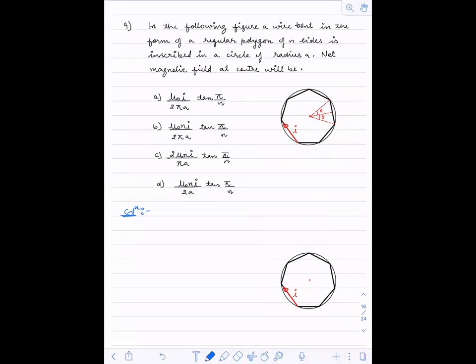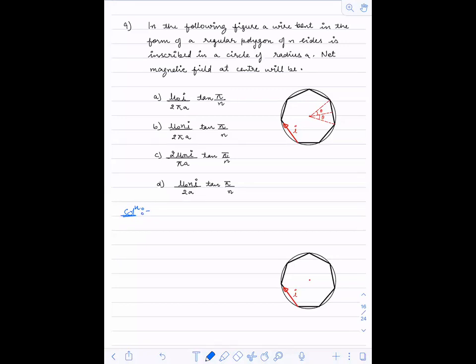Regular polygon of n side. This is not any particular polygon. This is a polygon of side n. So there is no side fixed.